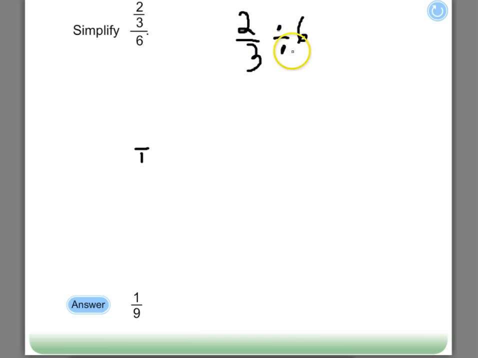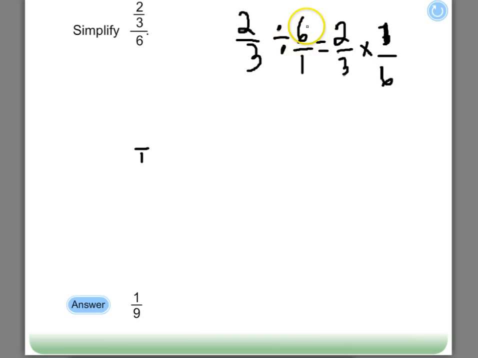Now remember, this whole number has a 1 below it. So this will be the same as 2/3 times 1 over 6. My bad, 1 over 6.